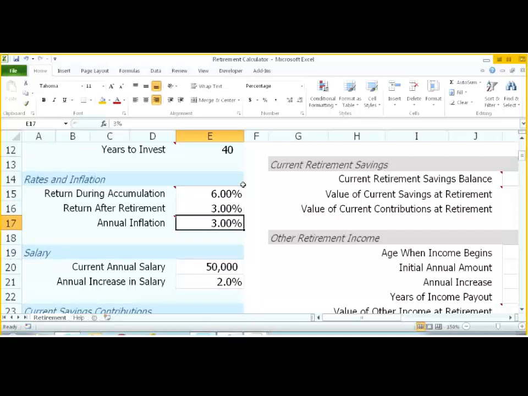Then you also have to put in inflation. Unfortunately, that's a reality that is not nice. They're putting 3%, which is a little high. So they're being conservative. Having these numbers low is conservative, and having this high is conservative. This is your annual salary at $50,000 a year, which is a pretty good salary. And they're saying 2% increase in salary, which is less than inflation.